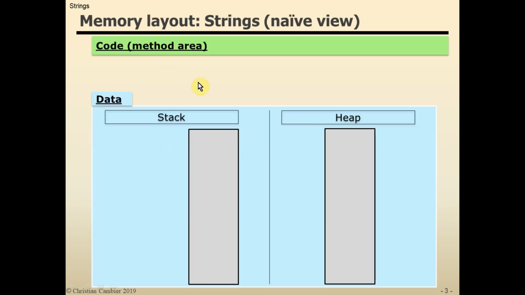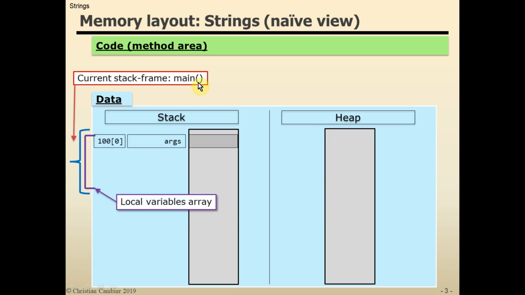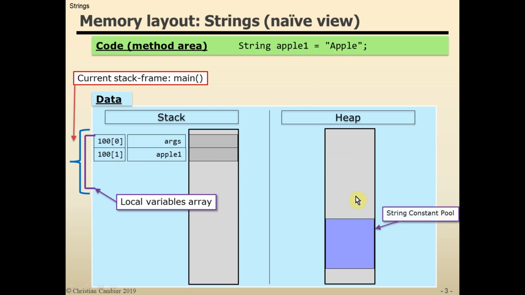I start by setting up the stack frame for the main method with its arguments parameter. Then the declaration of the first string. Apple1 is of type string and assigned with literal apple. Apple1 is declared on the stack, and when this happens, the assignment with the string literal, the JVM looks for the occurrence of apple in a special area in the heap called the string constant pool.